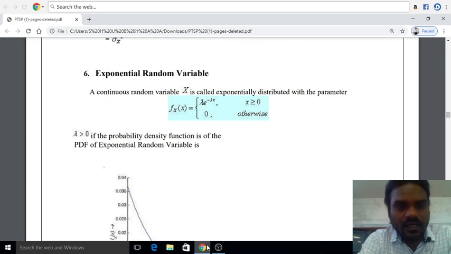Here, this exponential distribution function is also valid for the continuous random variable, and a continuous random variable is one which can have infinite values for infinite time instants.